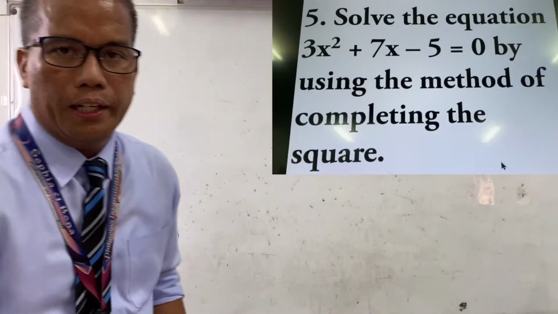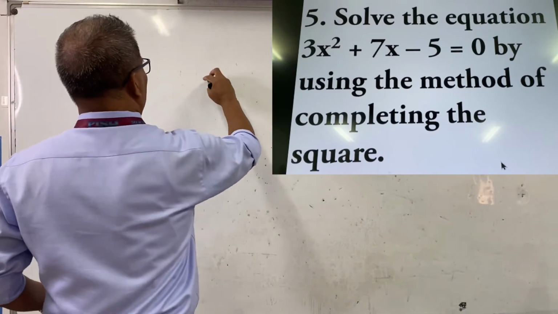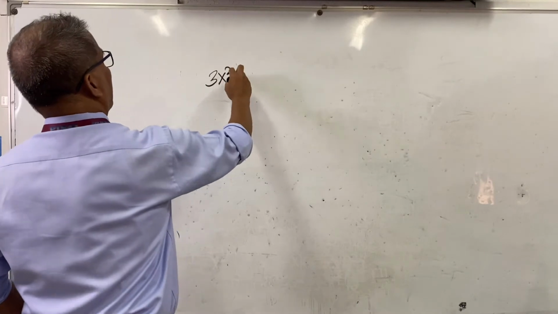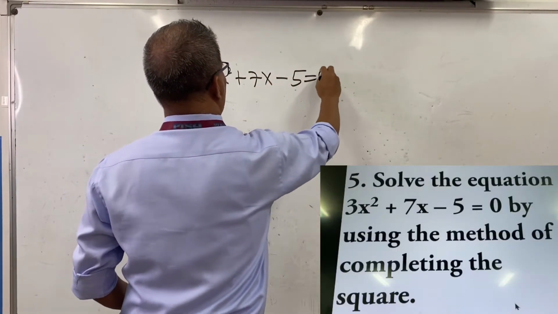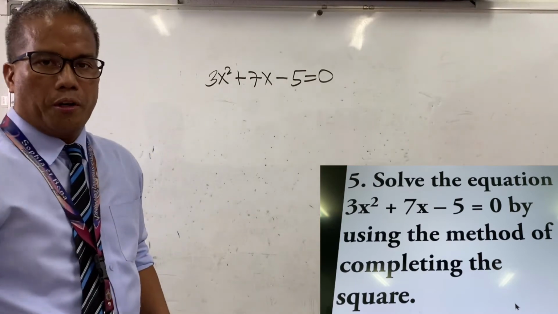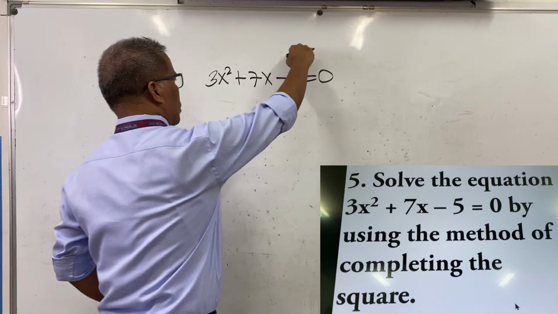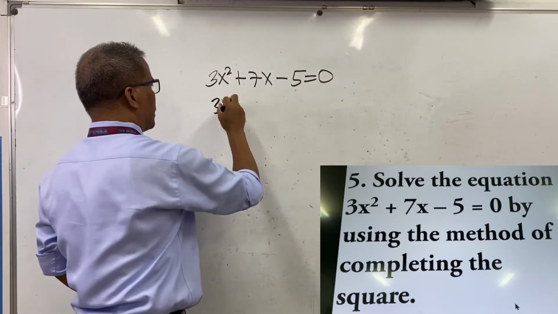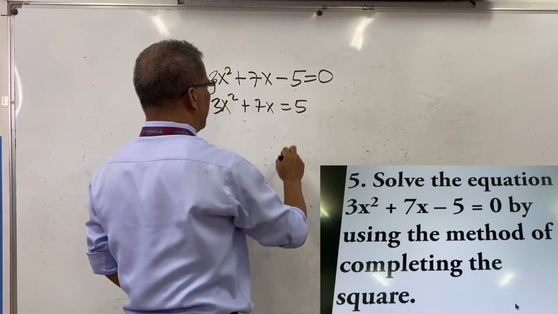The given quadratic equation is 3x squared plus 7x minus 5 is equal to 0. So if you're using completing the square, transpose negative 5, so 3x squared plus 7x equals 5.